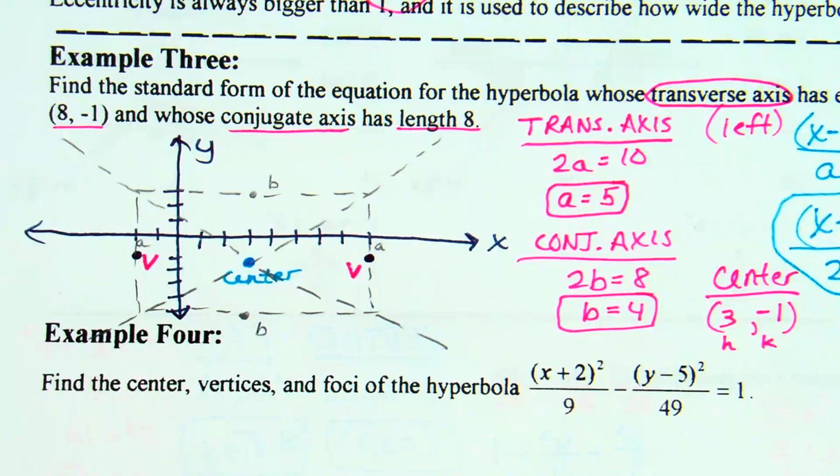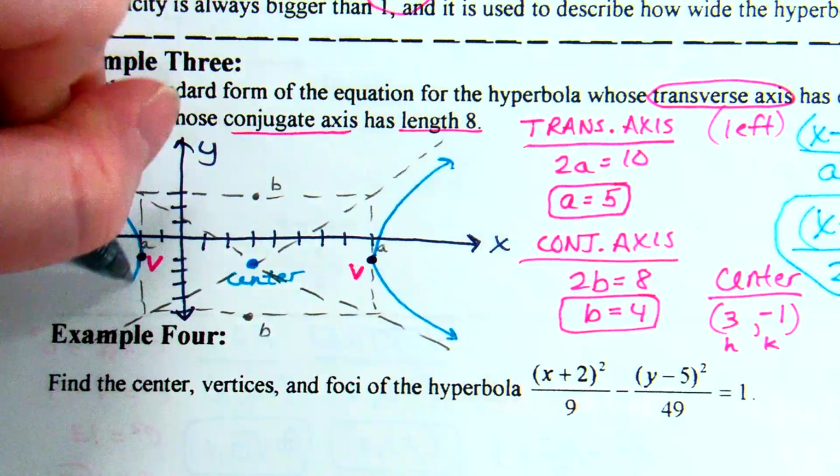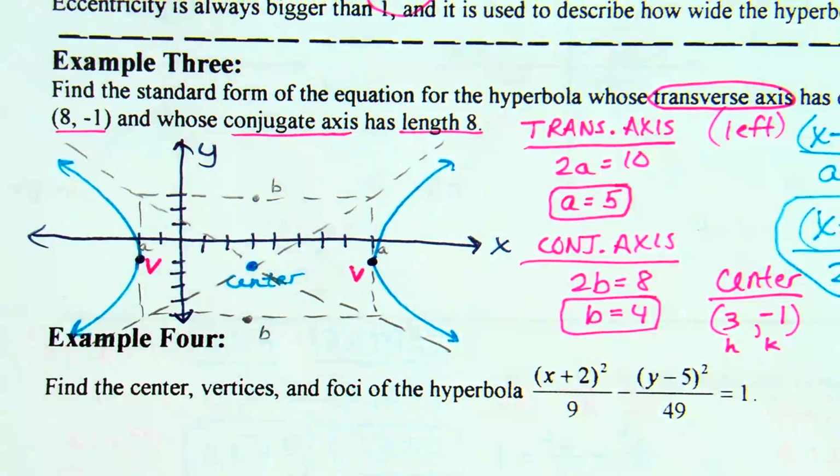Through the vertex and running along the asymptotes. Are we feeling okay about drawing the hyperbolas? The key will be, do you remember come Monday how to draw them? That might be the trick.